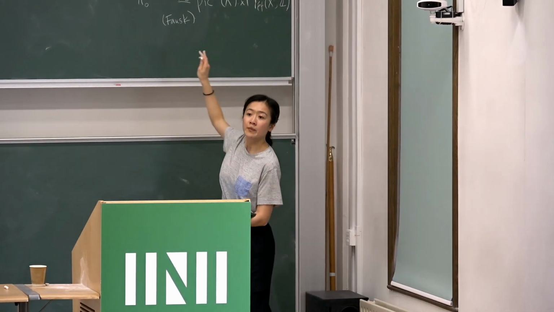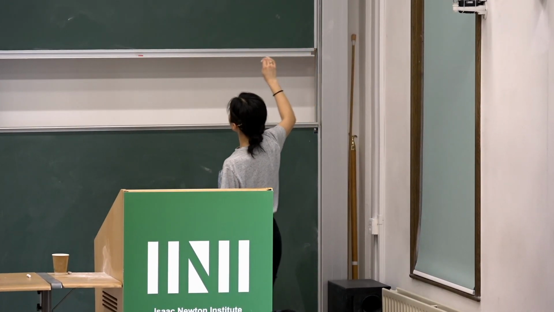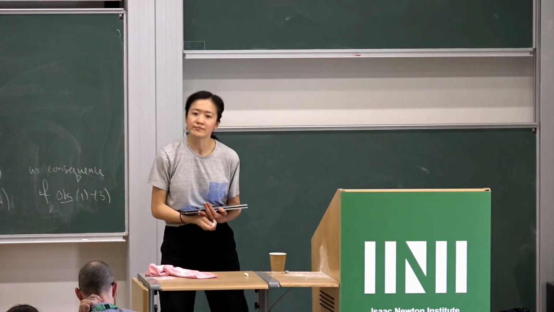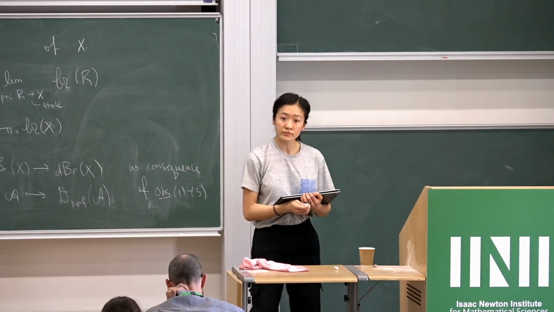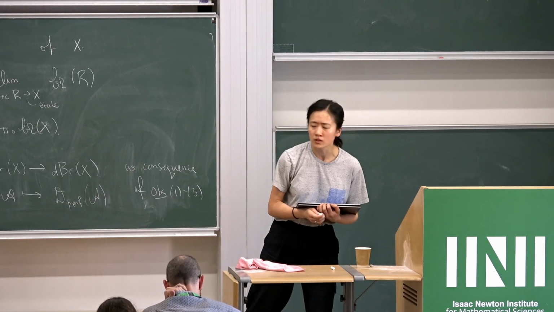Okay, and this computation is true for which kind of X? Sorry? This computation. For QCQS. Even for the derived ones? For the derived ones as well, yeah. You mean derived schemes? Yeah.